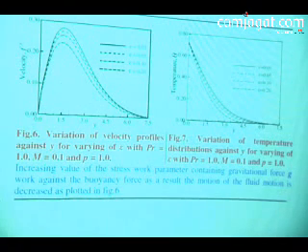This is the velocity profile and temperature profile for different values of the stress work parameter, and from these two figures we observe that velocity and temperature both decrease with increasing stress work parameter.